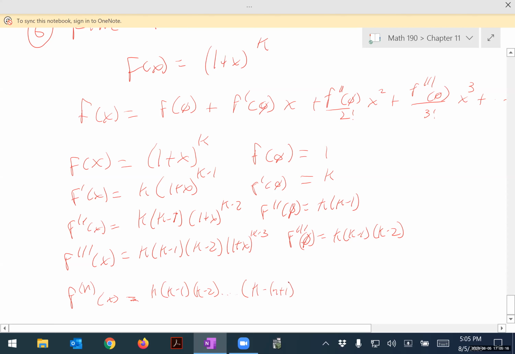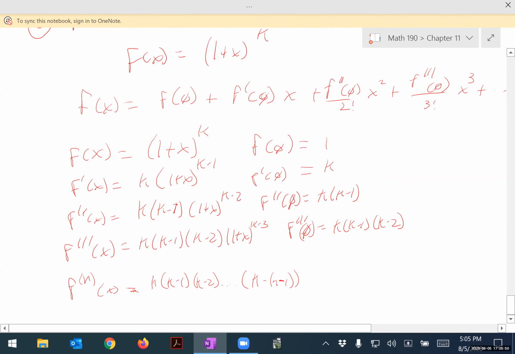Is that right? For the third derivative I stop at 2, for the fourth I stop at 3, for the fifth, yes. So it's k minus n plus 1. That's the nth derivative of this thing.